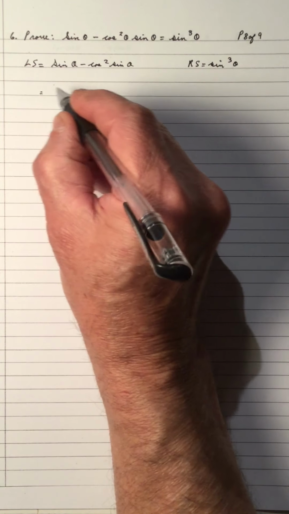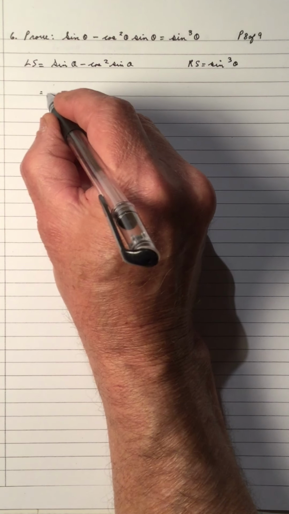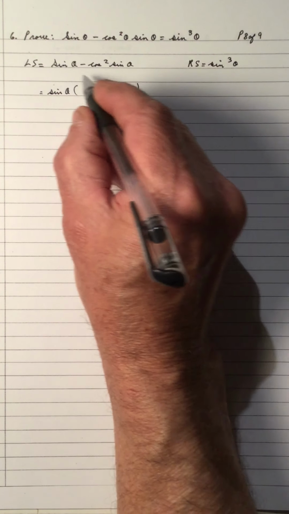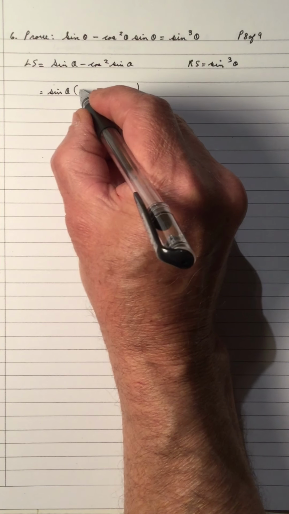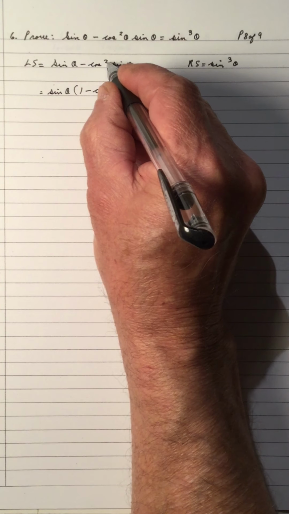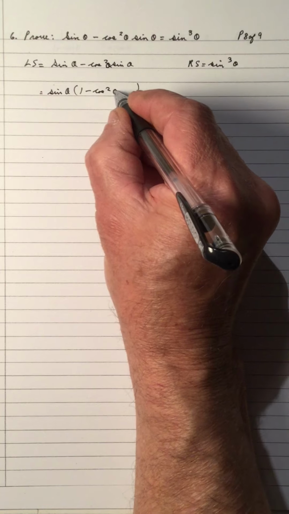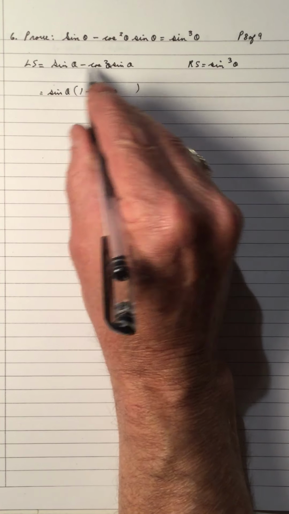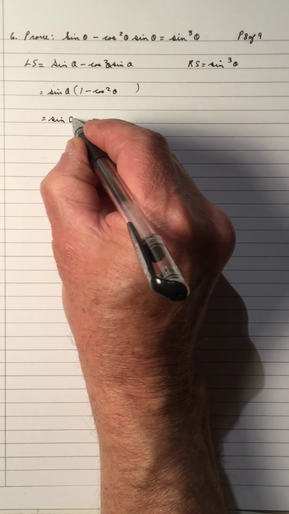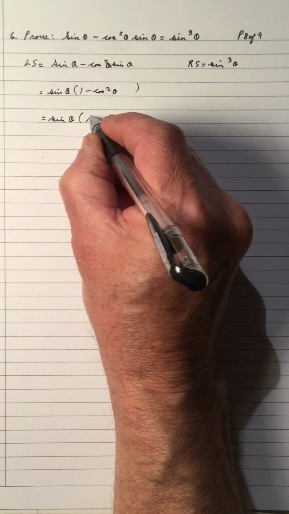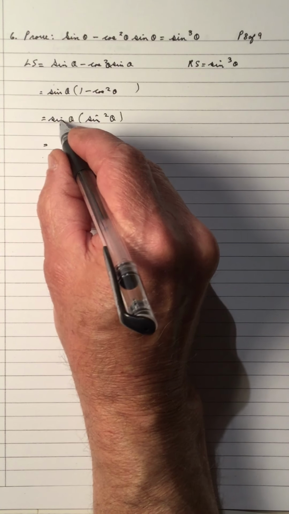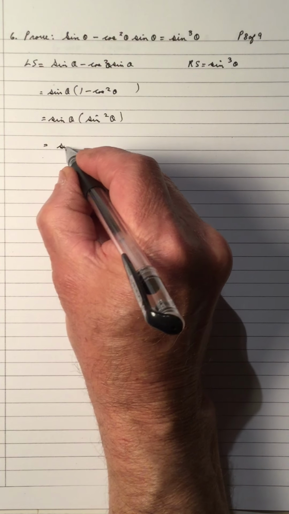One way to do that is to factor the sine out. If I factor the sine out, I get 1 minus cos squared. I see sine as common, so I take the sine out, and 1 minus cos squared is sine squared. And sine times sine squared is sine cubed.